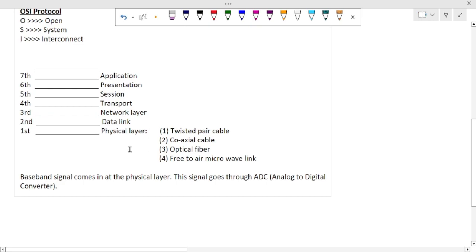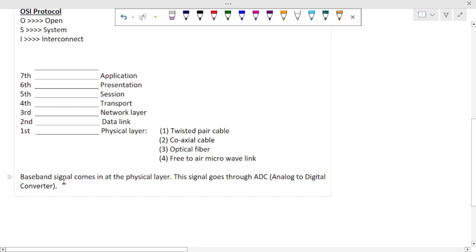For this other part, the lecturer made mention of the first layer, which is the physical layer. He said the physical layer involves twisted pair cable, coaxial cable, optical fiber, and free-to-air microwave link. These are just ways we can receive data.